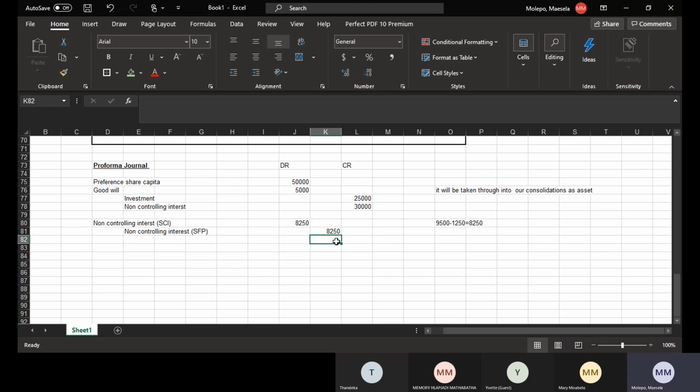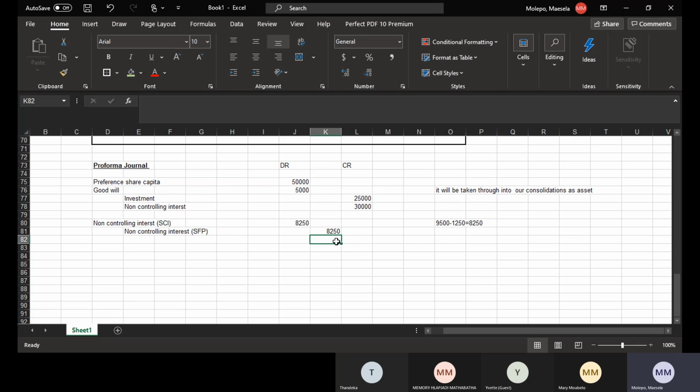If you go to page 195 of your study guide, at the bottom there, we've got an amount of 10,740. So that 10,740 comes as a result of the profit only. It was profit for the year, then multiplied by 20% of the NCI, which would give you the 10,740.